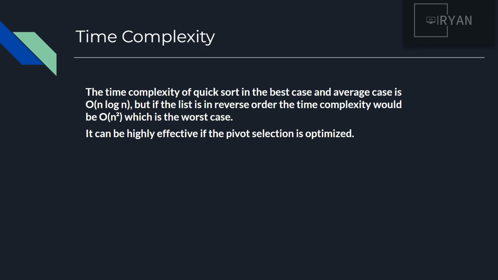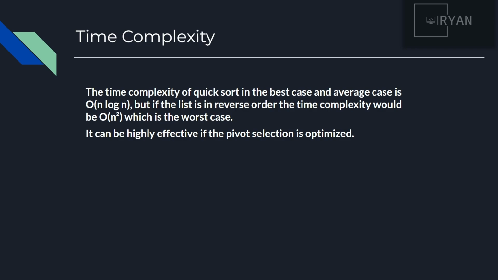However, in the worst case scenario, when the array is sorted in reverse order or if the pivot is poorly chosen, the algorithm becomes inefficient. The recursive tree becomes unbalanced, leading to a time complexity of O of n squared.